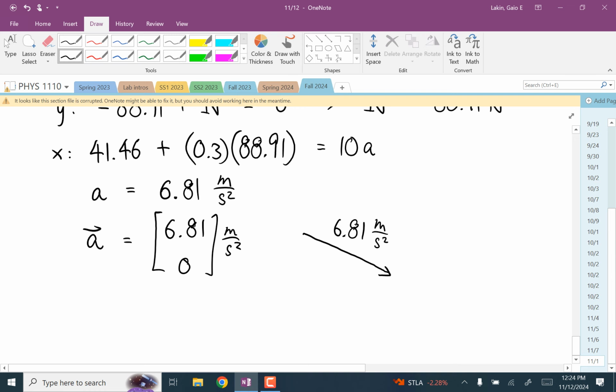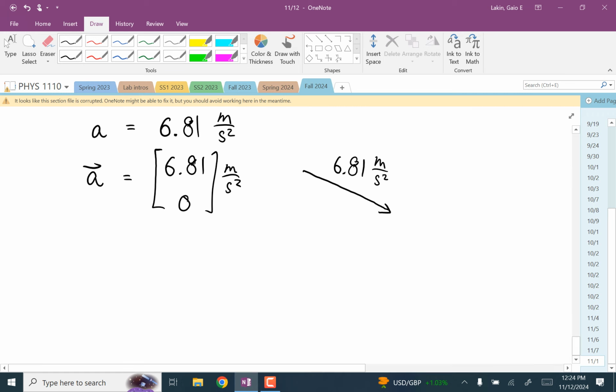Okay, is that in the same direction or the opposite direction of the velocity? It's in the opposite direction, so we had a velocity this way, an acceleration this way, and so this is slowing down.